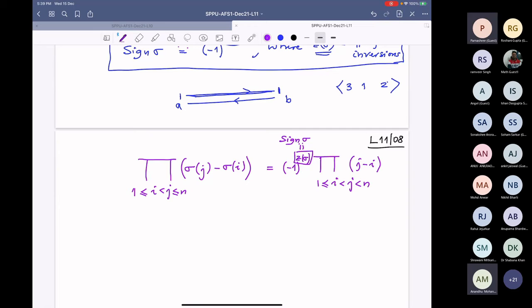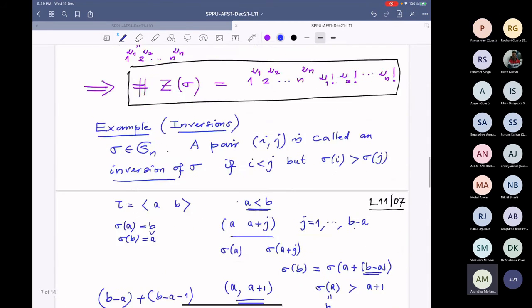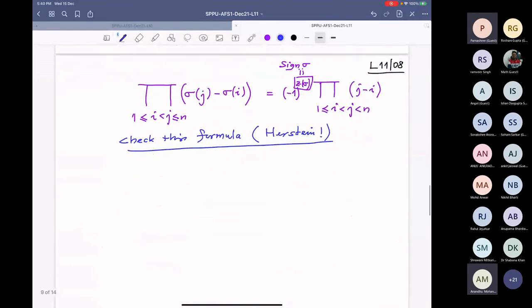Please check this formula, and if necessary, look at Herstein, which was our textbook when I was at IISc. But our definition is so very natural, and therefore we have no problem in taking that.